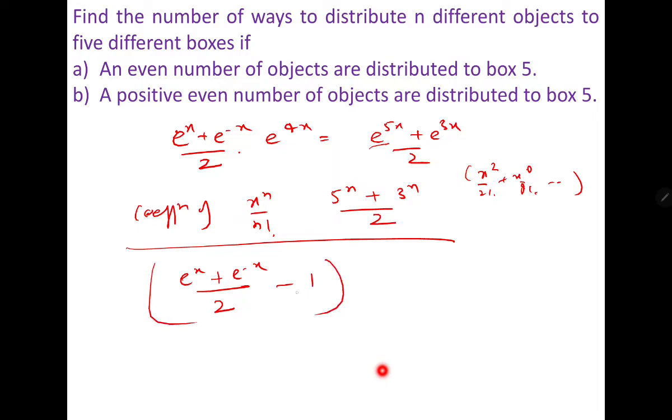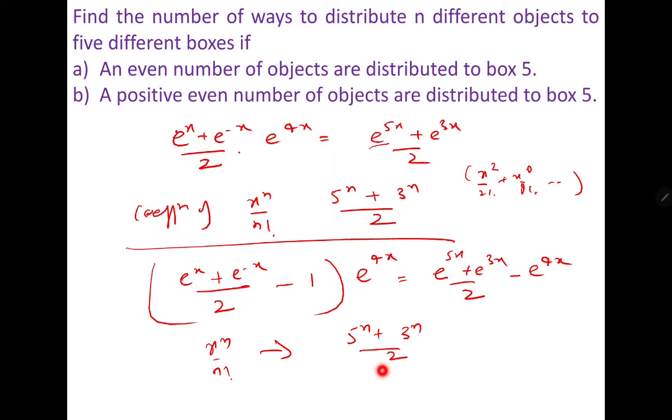So I have to include minus 1 here, and e raised to the power 4x, which is e raised to the power 5x plus e raised to the power 3x by 2 minus e raised to the power 4x. So the coefficient of x raised to the power n by n factorial is 5 raised to the power n plus 3 raised to the power n by 2 minus 4 raised to the power n.